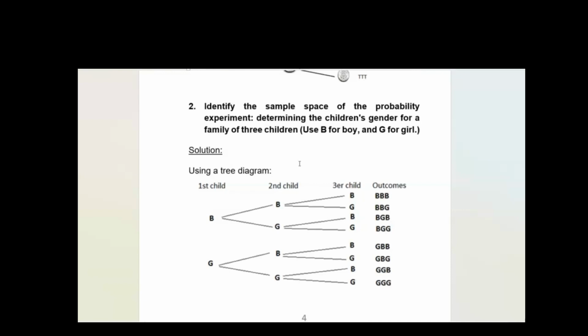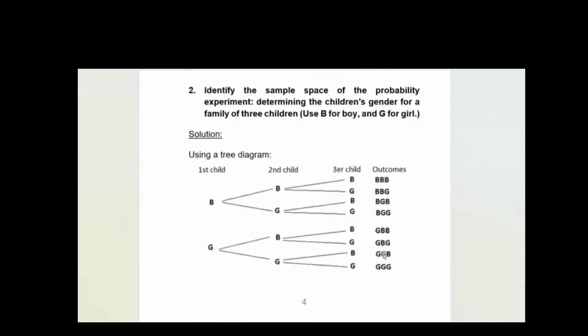Then you get these 8 possible outcomes in your sample space: BBB, BBG, BGB, BGG, GBB, GBG, GGB, GGG.